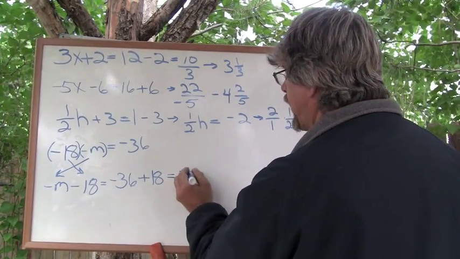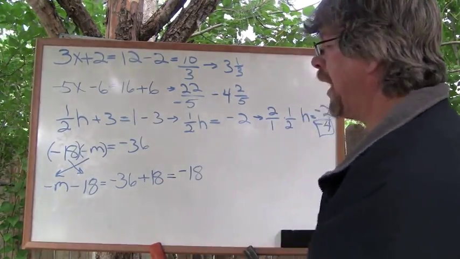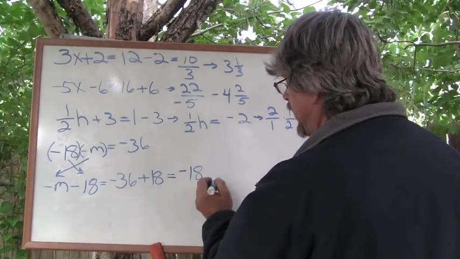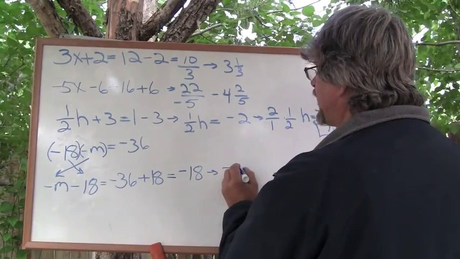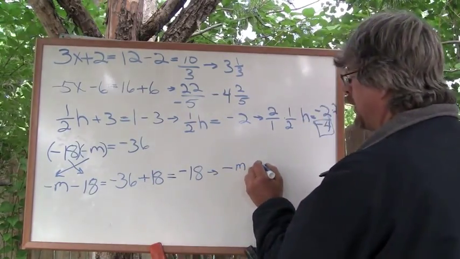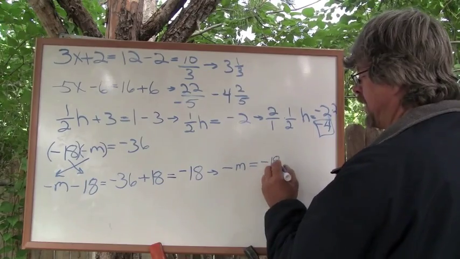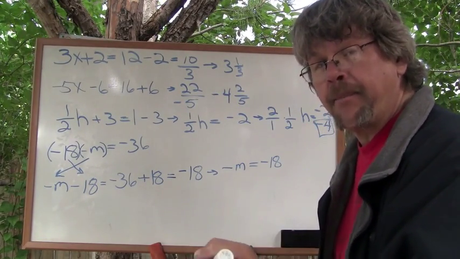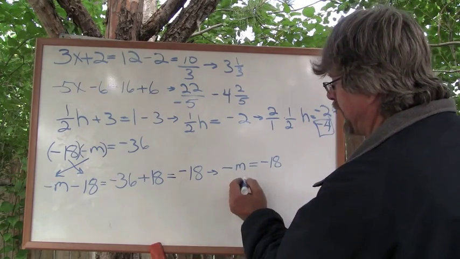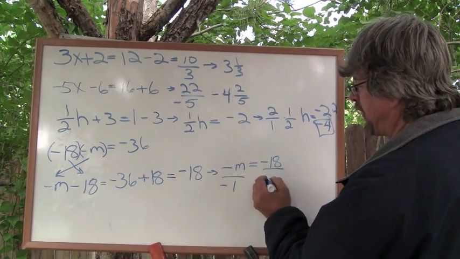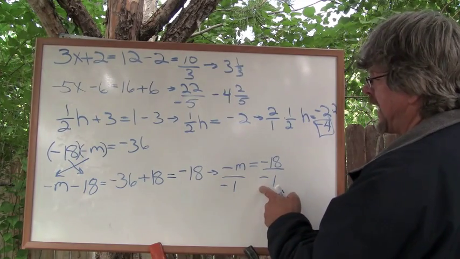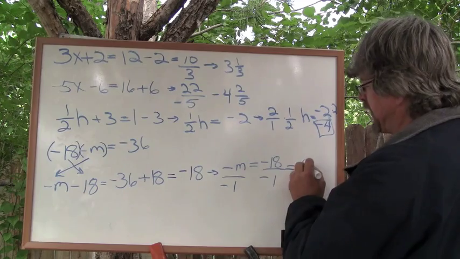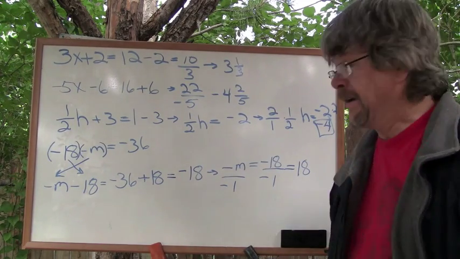It's going to be a negative, that's more clear, a negative 18, right? But it's still negative m equals negative 18. We don't want a negative variable. The negative is an implied negative 1, so we divide by negative 1 on both sides, and a negative divided by a negative is a positive 18.